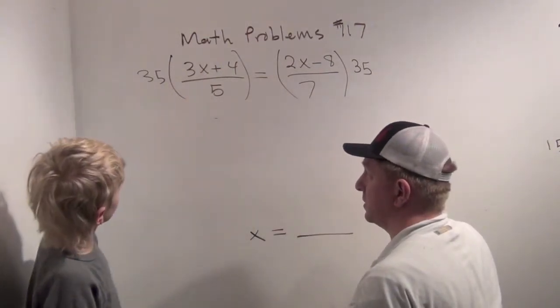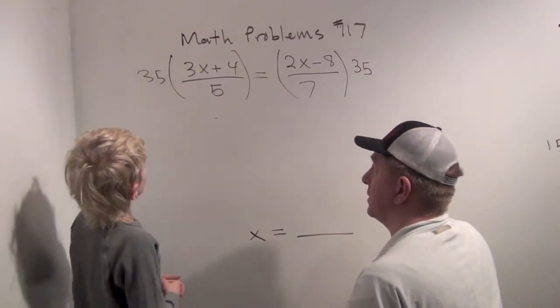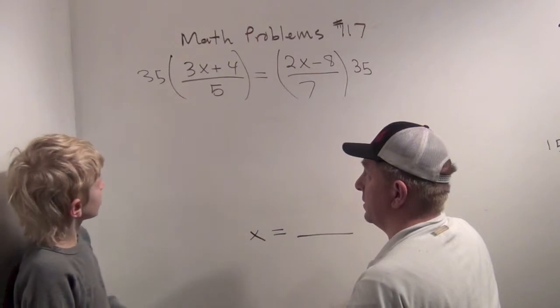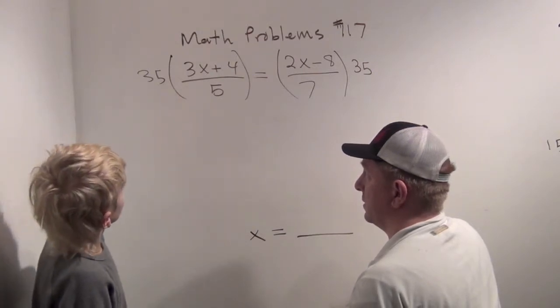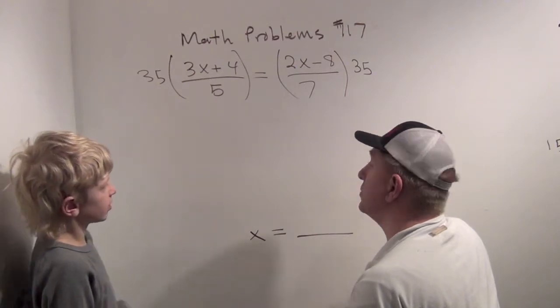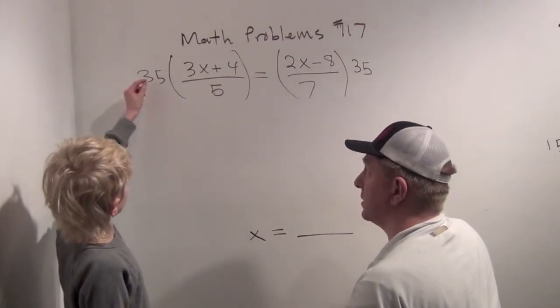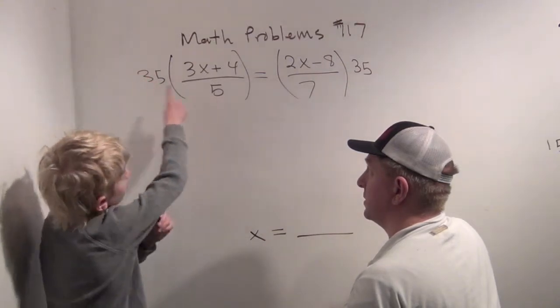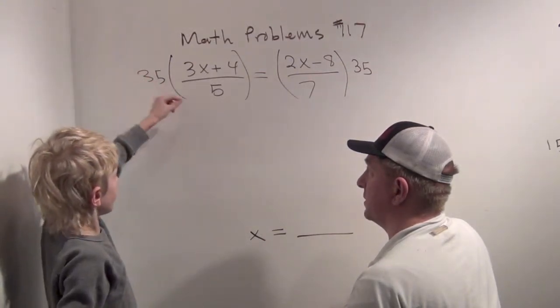That side equals, when you multiply by 35, it equals 7 times... 3x plus 11. Ooh, how'd you get that? Because you cancel the 5s and you're left with 7.